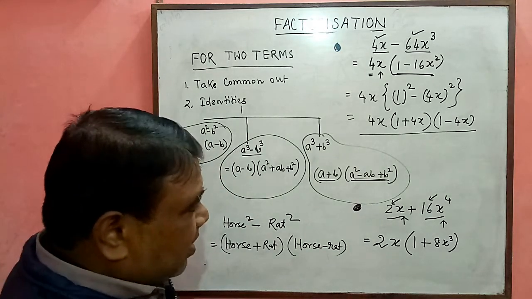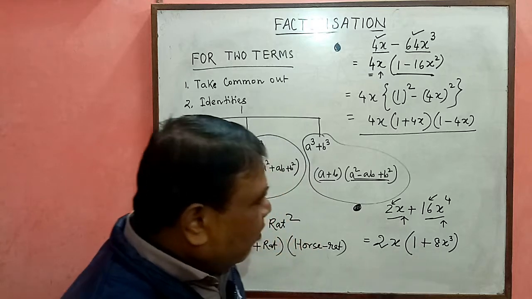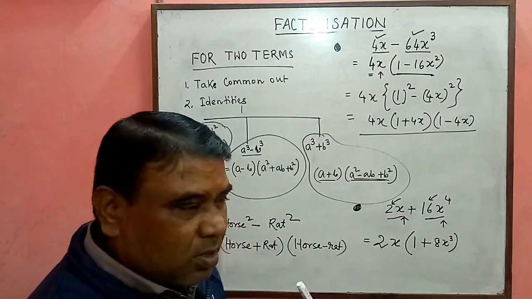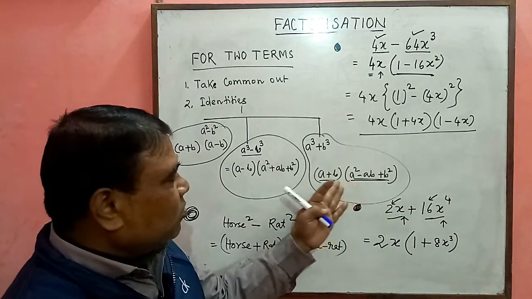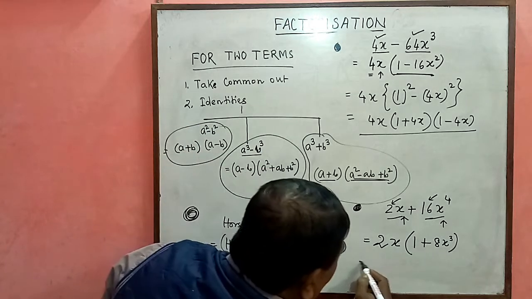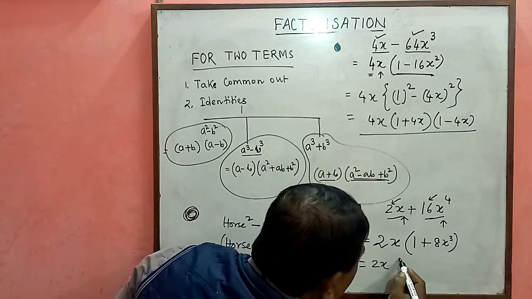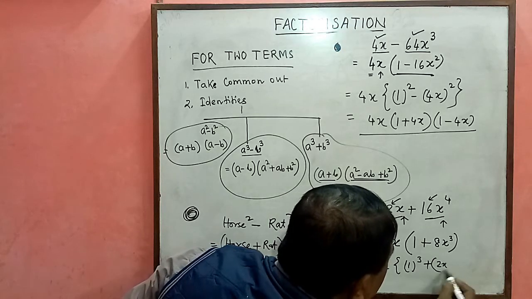Now can I convert this into the sum of two cubes? If it is possible, then we will use this identity also. And exactly this is possible. Now it is 1 cube plus (2x) whole cube.